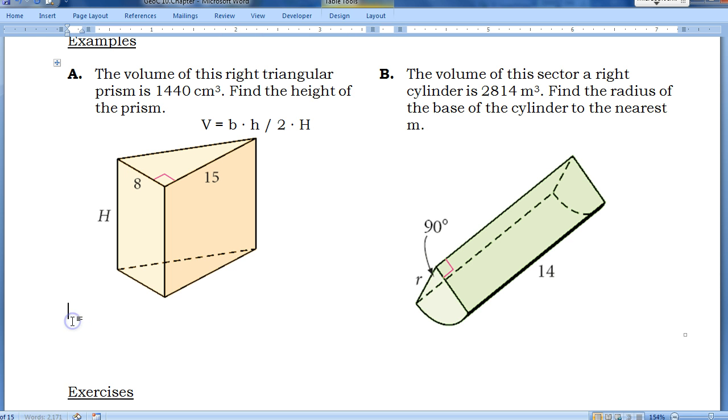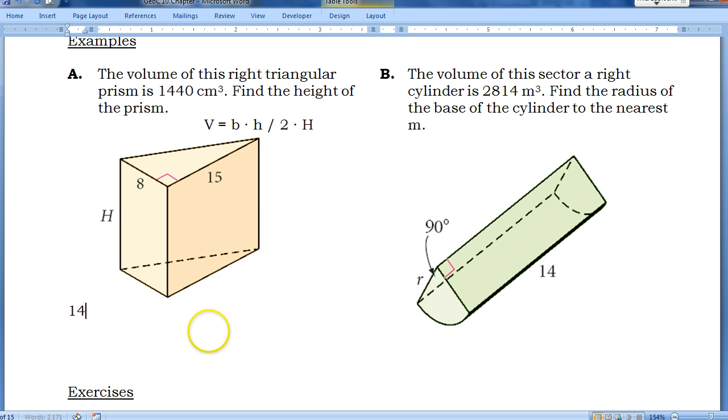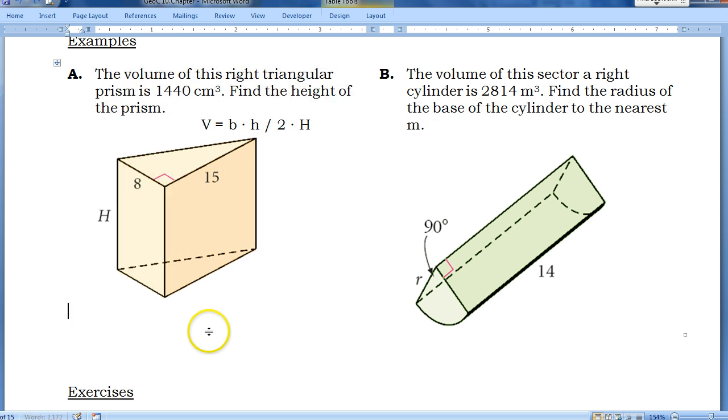So I can put some values into this formula. Okay, 1440 equals, we'll say 15 is my base, 8 is my height, and I don't know what my other height is.